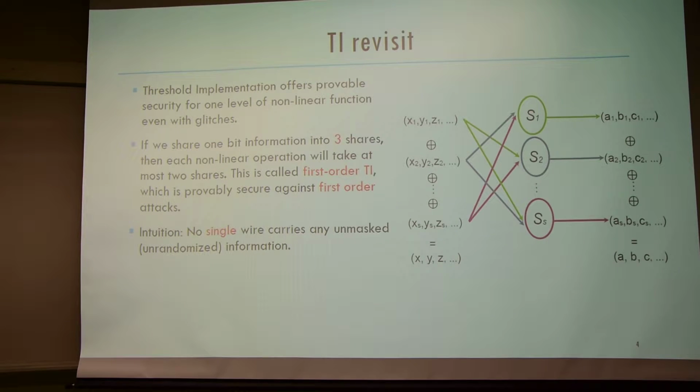So the intuition about this first order security is that no single wire carries any non-masked or non-randomized information. And the order of attack is defined to be the number of intermediate values that the attacker needs to predict in the attacks.